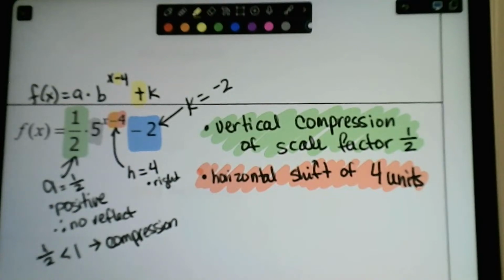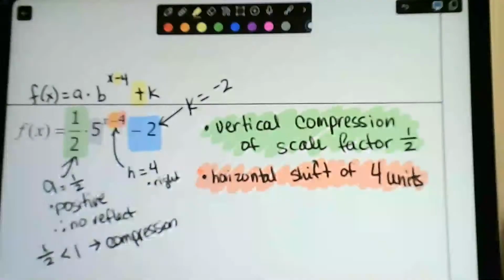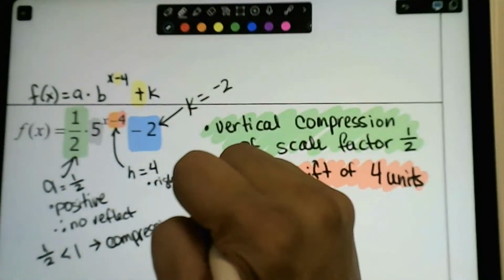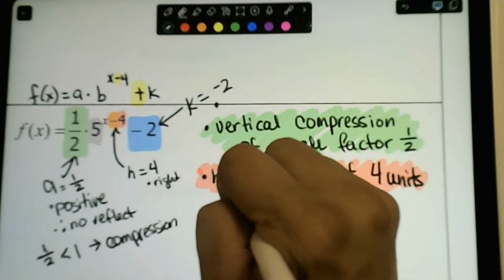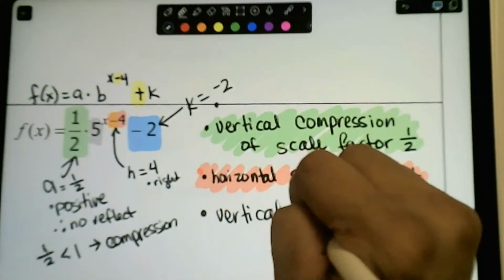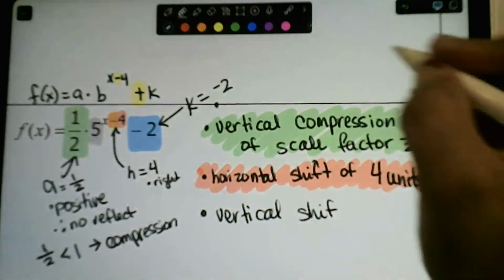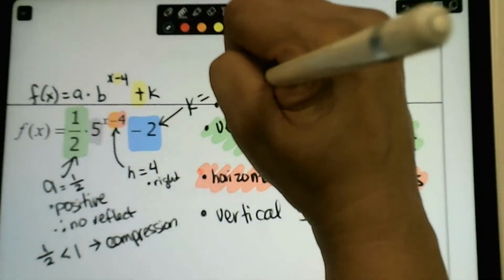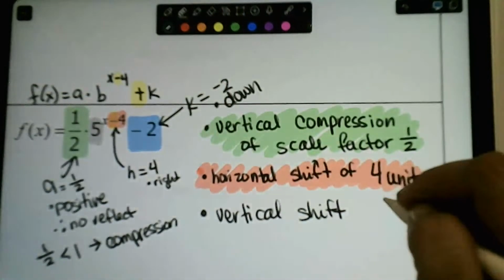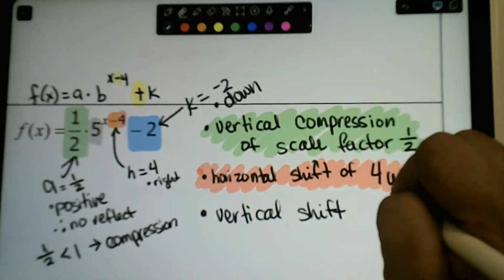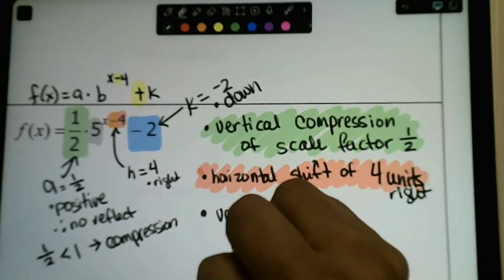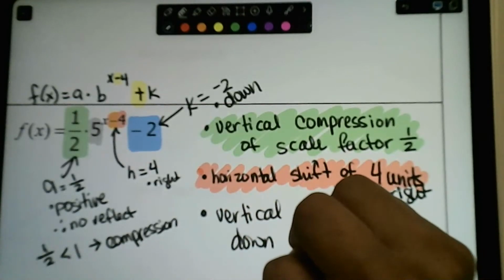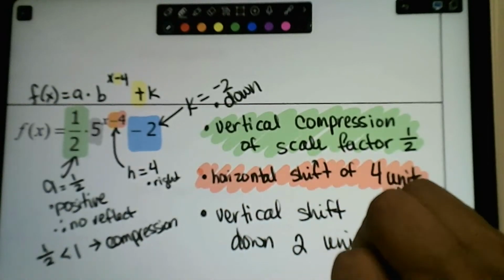If they're different, it's negative. All right, which means we have a vertical shift. How many units? 2. What direction? Yeah, it's a downshift. I forgot to write it on the horizontal one. Sorry.